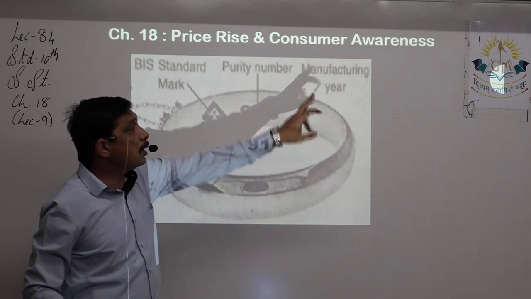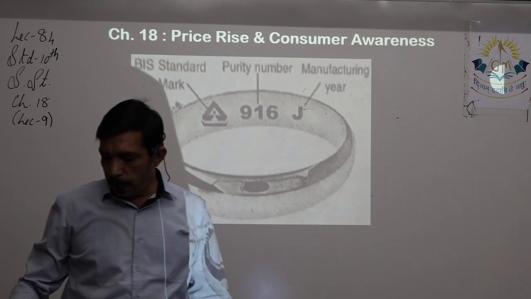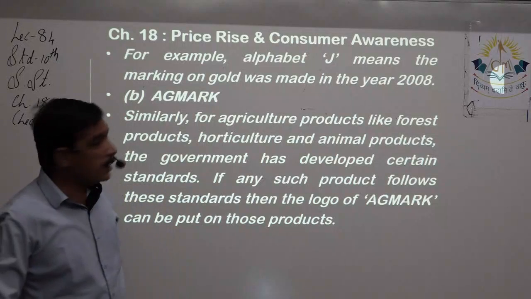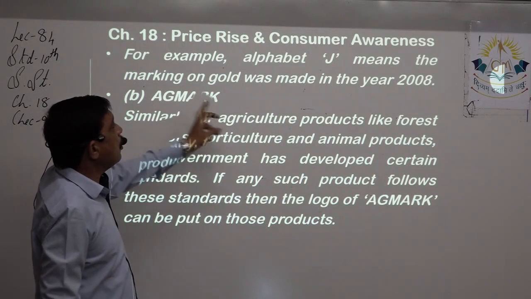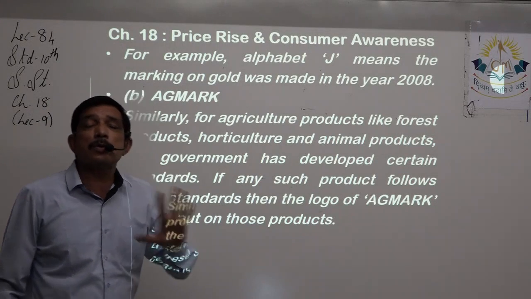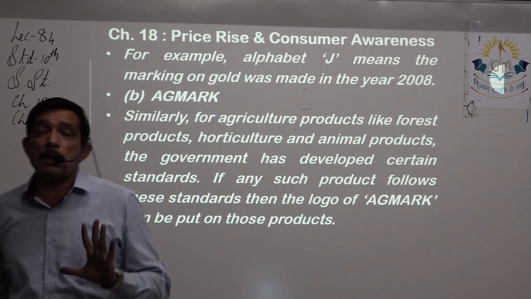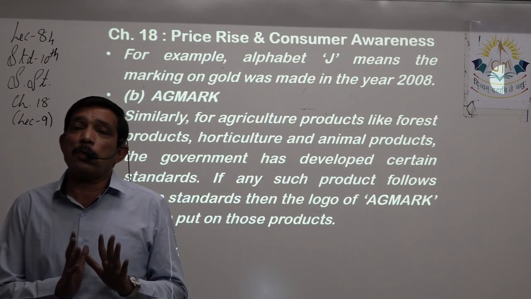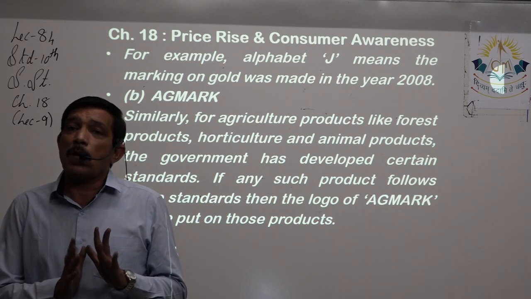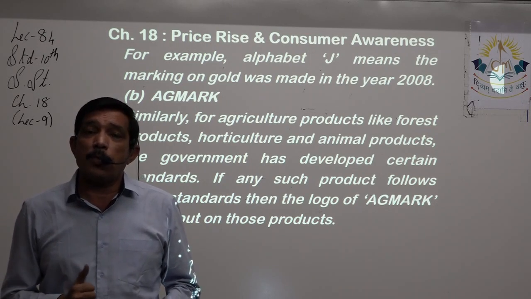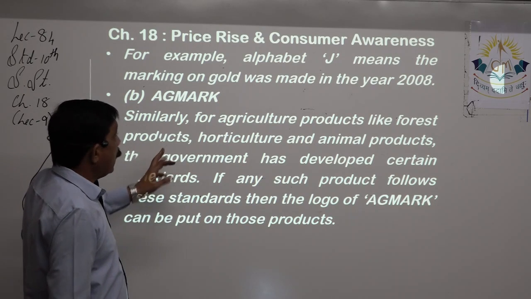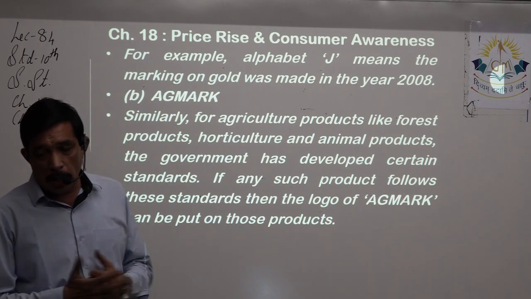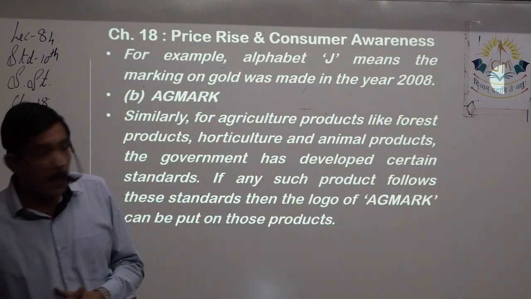J tells you the manufacturing year. For example, alphabet J means marking on the gold was made in the year 2008. J is the alphabet used to show that this ornament was made in the year 2008, and the mark J represents 2008.